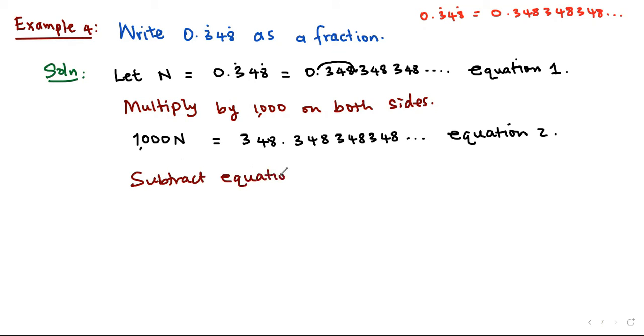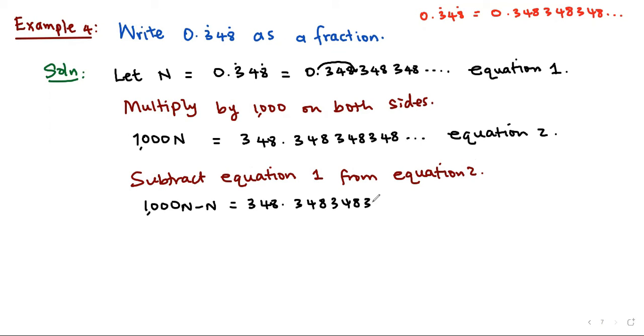When we do that, we get 1000n minus n is equal to 348.348, 348, 348 repeating, minus 0.348, 348, 348 repeating, from equation number 1.